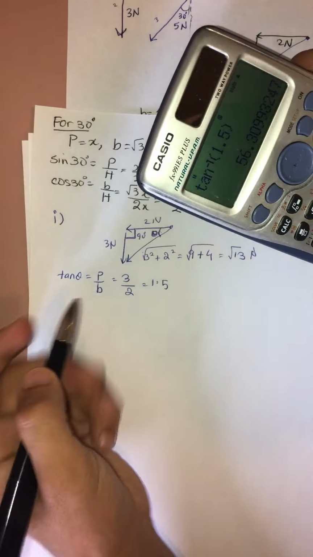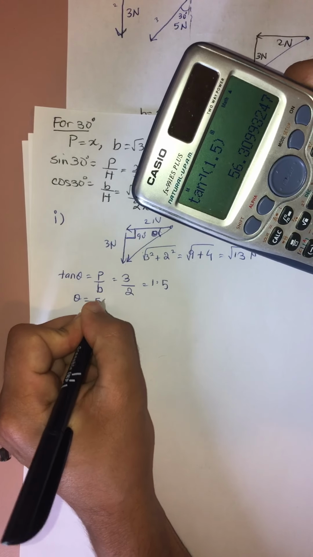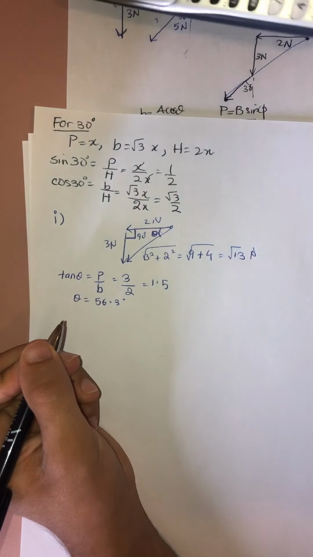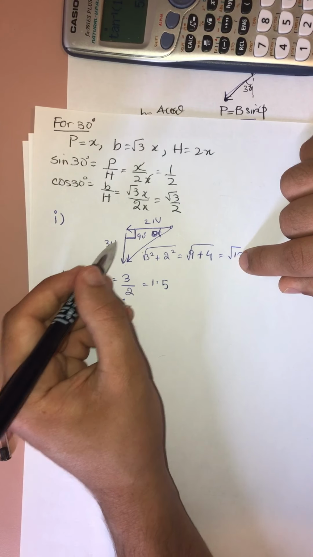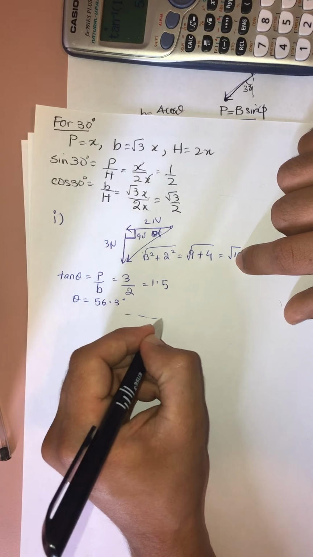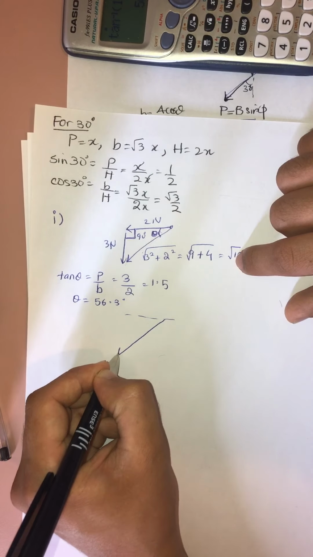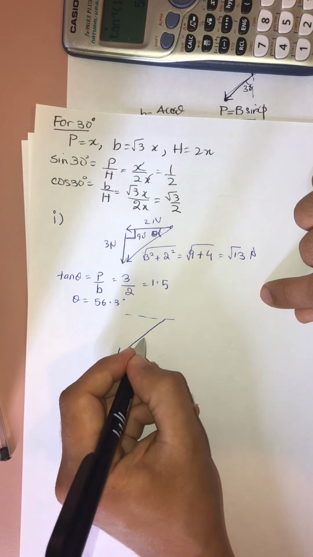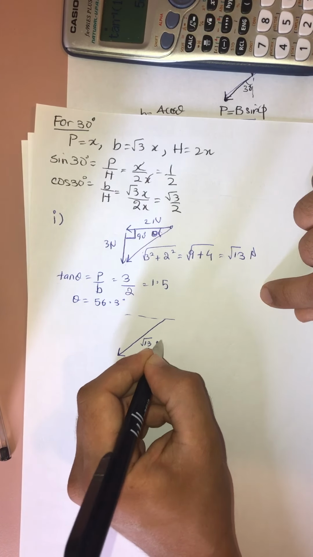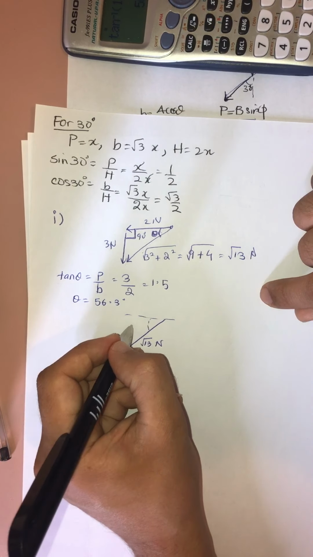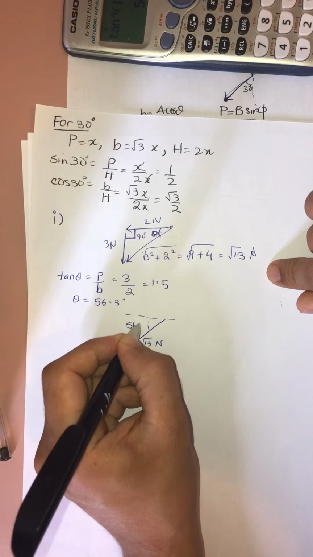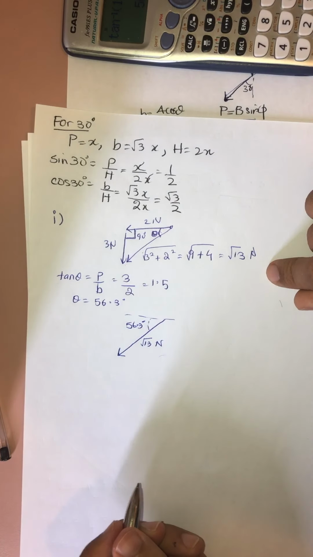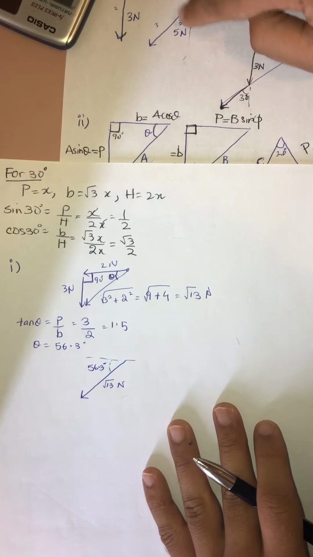So this angle is actually 56.3 degrees. Now erase the 3 newton and 2 newton. You have only this one, which is the resultant, which is root 13 newton, and the angle is 56.3 degrees.